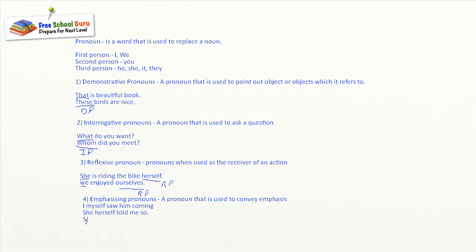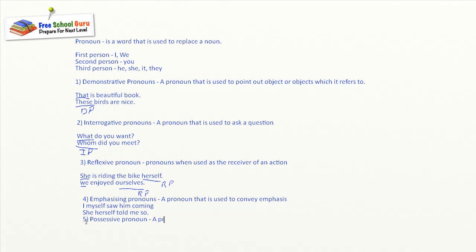The last type of pronoun is called possessive pronoun, the most important one. Possessive pronoun. A pronoun that shows possession of something is called a possessive pronoun.